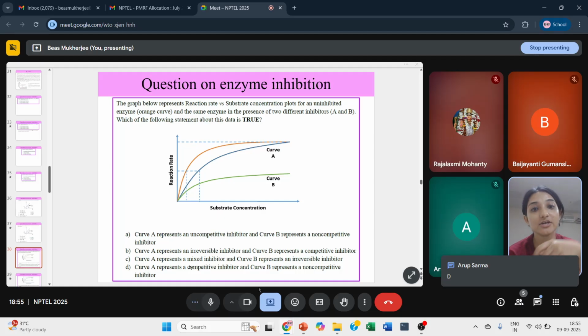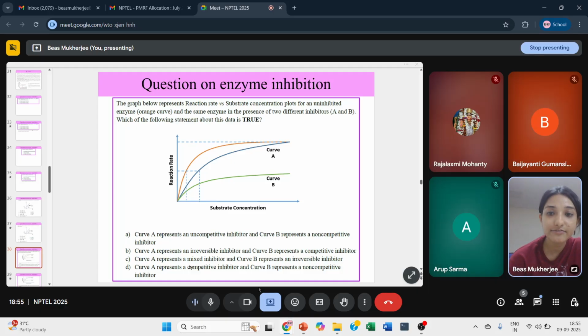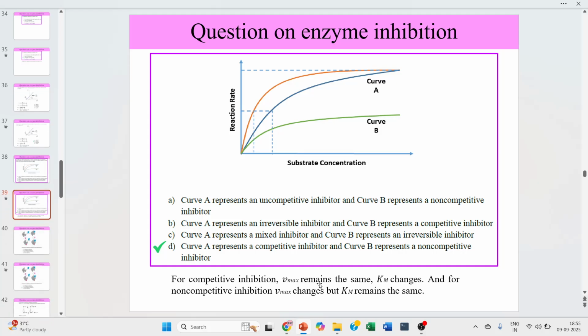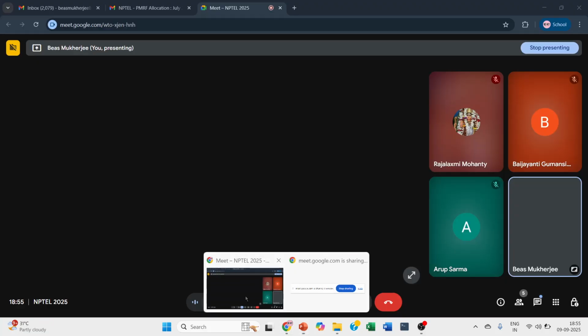What is happening? Okay. So you're saying that D is the right answer. Okay. So yes, curve A is definitely competitive. And see, in all the options, there is competitive only for option D. So your option D has to be the right answer, right? So that is how you decide. Yes. So option D is the right answer.